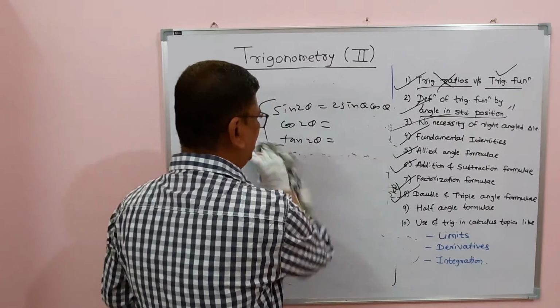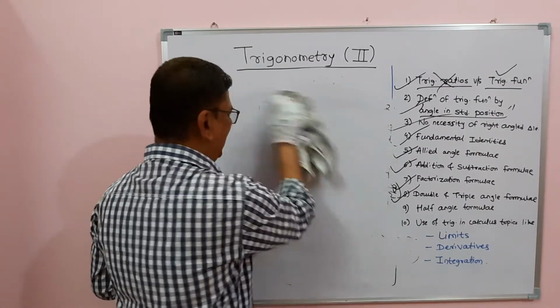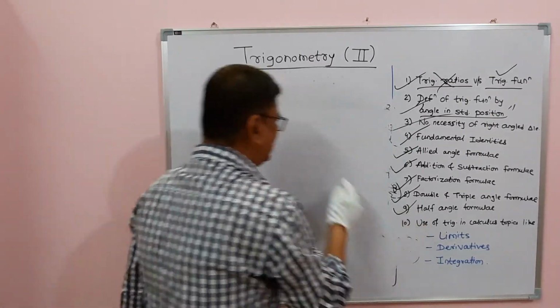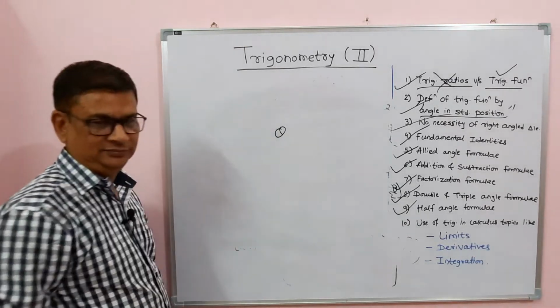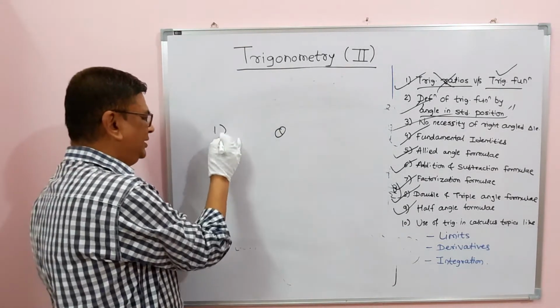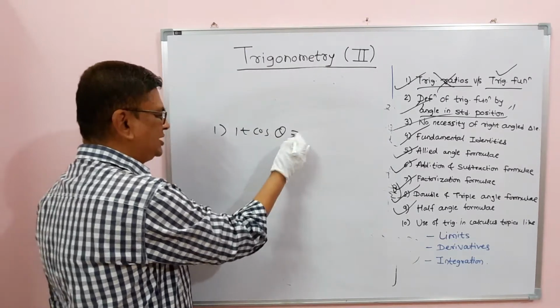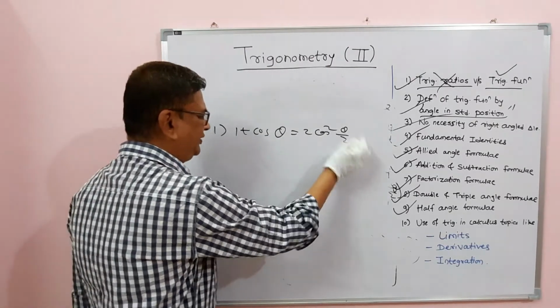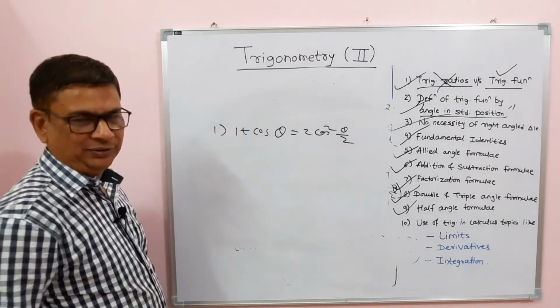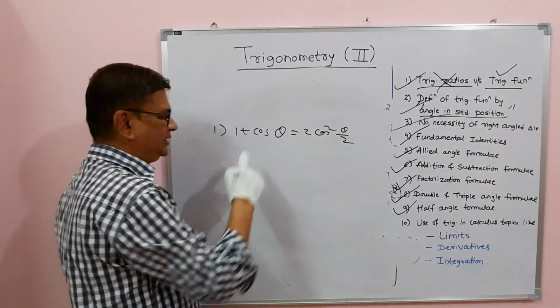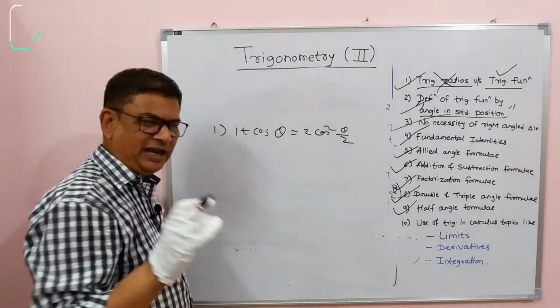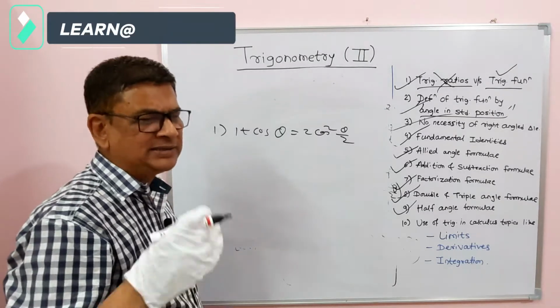The next one is that called half angle formulae. Half angle, as the name indicates, it is the half of given angle theta. And for example, it is this formula, 1 plus cos theta is 2 cos square theta by 2. That contains theta by 2. It is not only for that such type, but you can convert any formula in terms of its half angle formula.